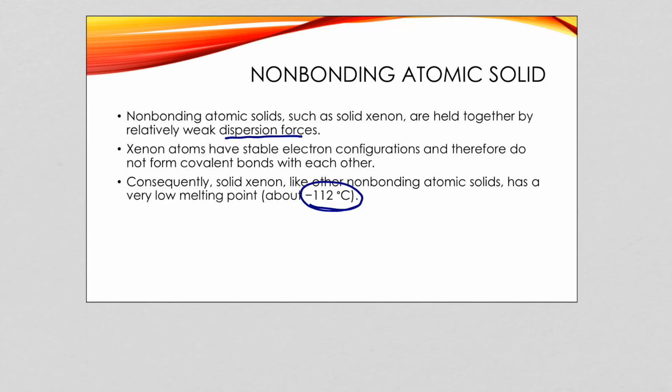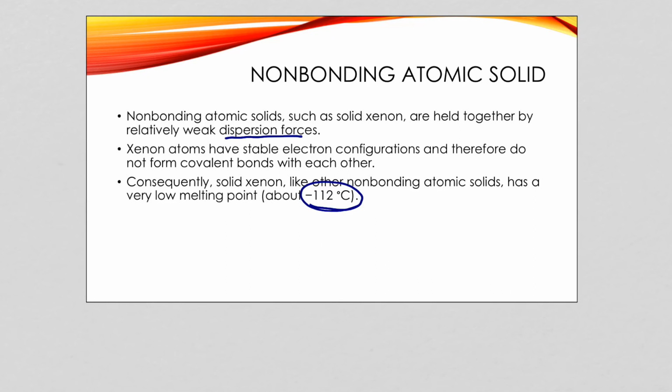Right? So this would not be a lot different than what we saw with molecular solids, where they're held together by intermolecular forces, but some of those can be held together by stronger intermolecular forces, like water, for example, so they have much higher melting points, maybe 0.